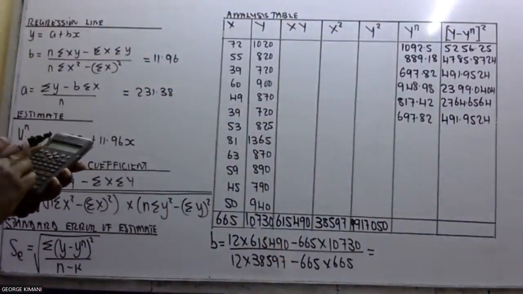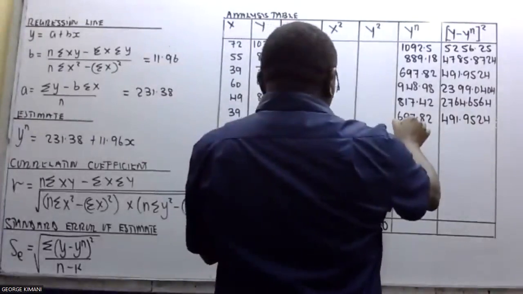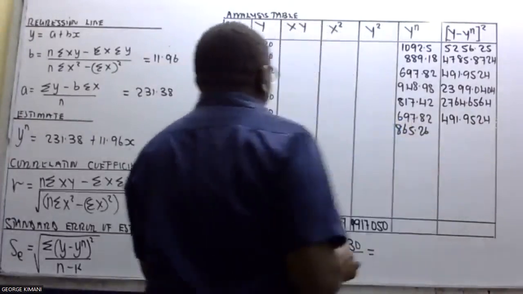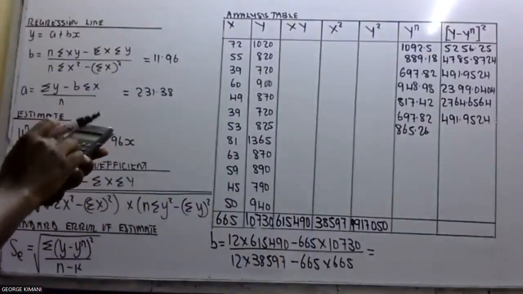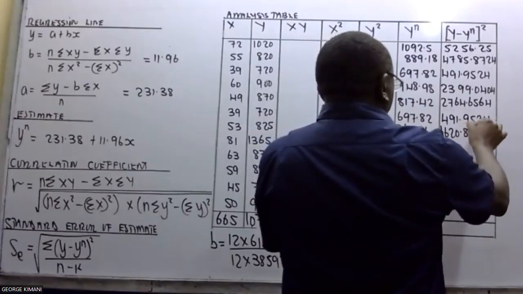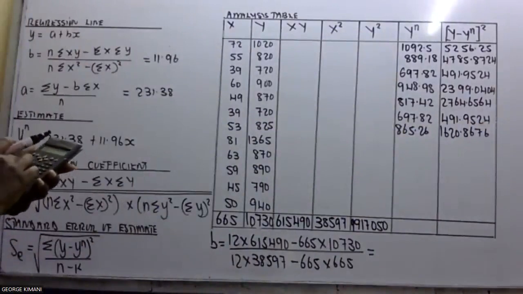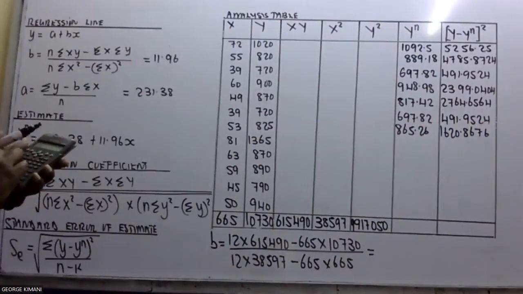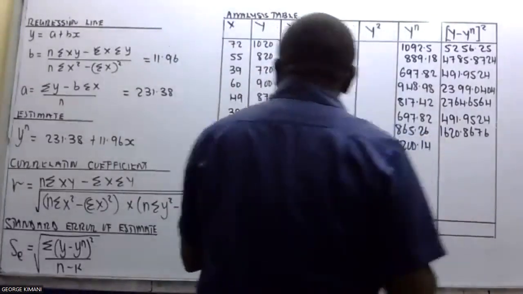231.38 plus 11.96 times 53 is 865.26. Then I say 825 minus the answer, you square, you get 1620.8676. 231.38 plus 11.96 times 81 is 1200.14.